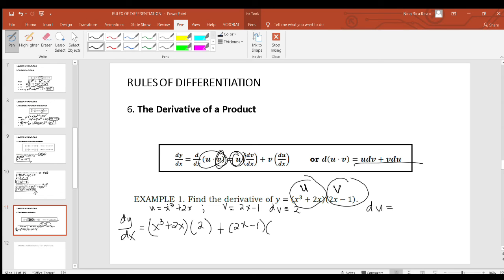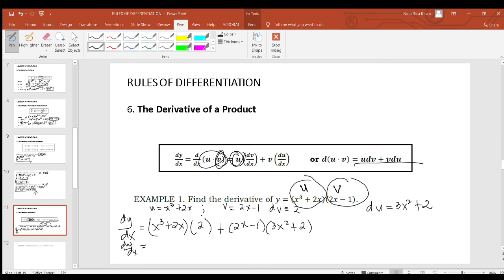Bale, x cubed, yung derivative niya is 3x squared plus, yung derivative ng 2x ay 2. Let's multiply na yung du sa 2x minus 1. Therefore, 2x minus 1 times 3x squared plus 2. Okay? Let's simplify the equation.